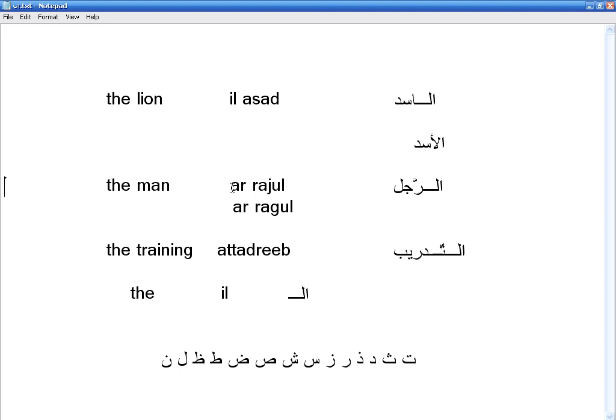And this is the same thing that we're going to do with this word: we're going to say التدريب instead of saying التدريب in the official language. The official, التدريب. The Egyptian accent, التدريب.